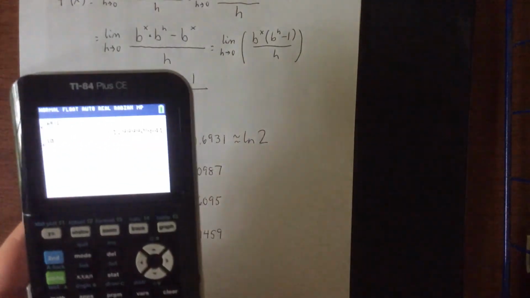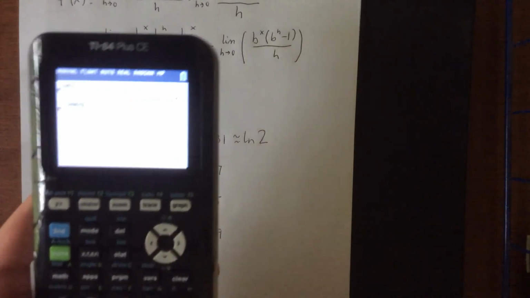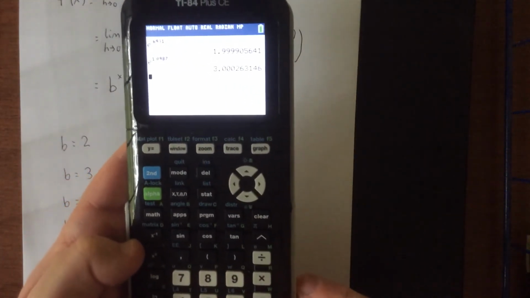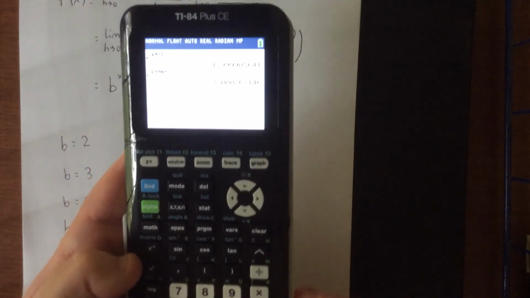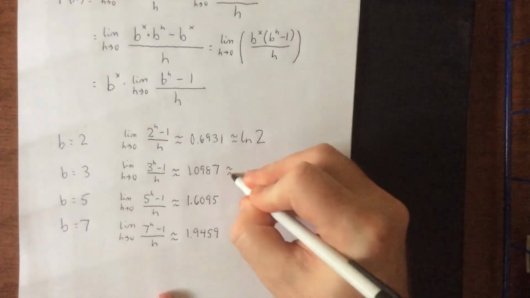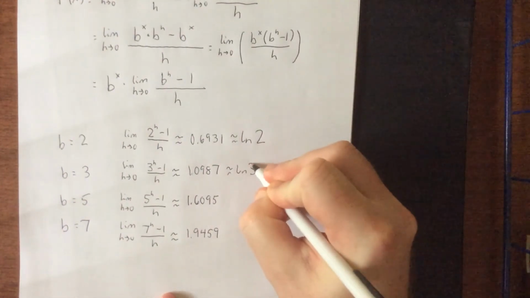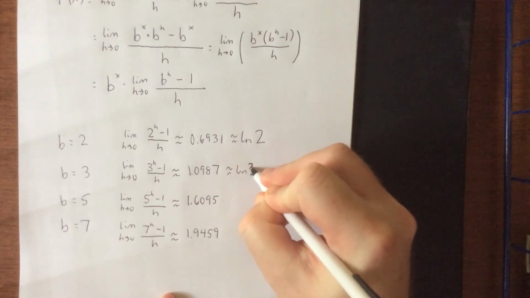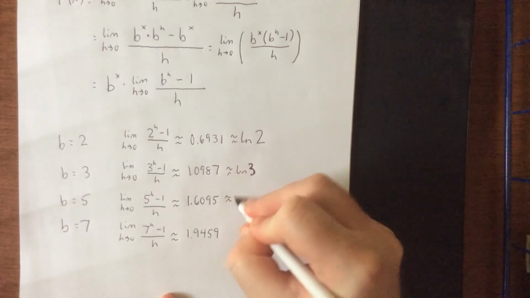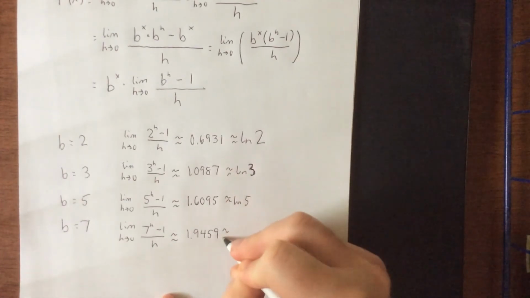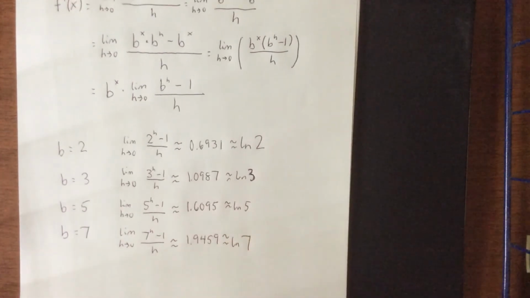Do it again with our second number, 1.0987. We see that the result is about 3. Turns out that this number was actually the natural log of 3, not 5. 3, sir. 3. This one is about the natural log of 5, and this one is about the natural log of 7.